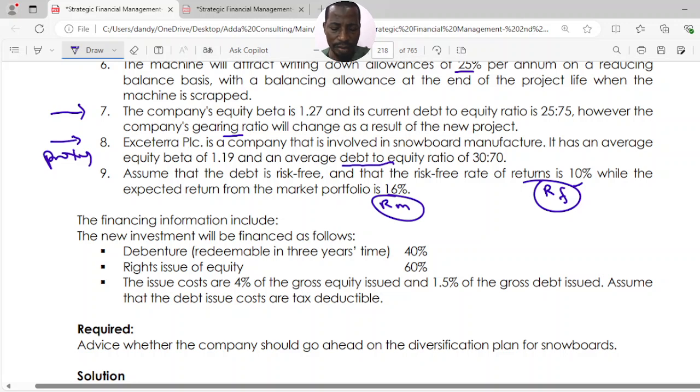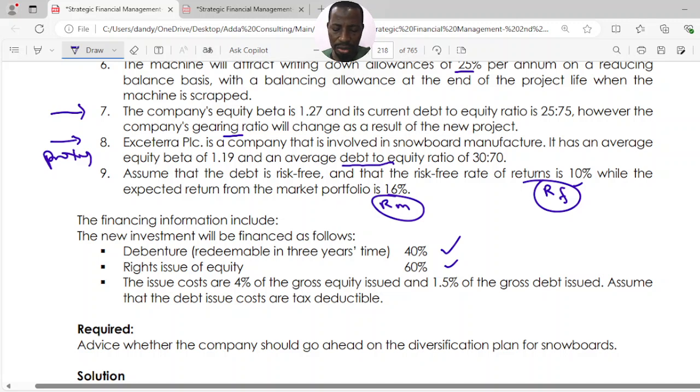The financing information includes that the new investment will be financed as follows: debenture, redeemable in 3 years' time, 40%. Right issue of equity, 60%. The issue costs are 4% of the gross equity issued and 1.5% of the gross debt issued.